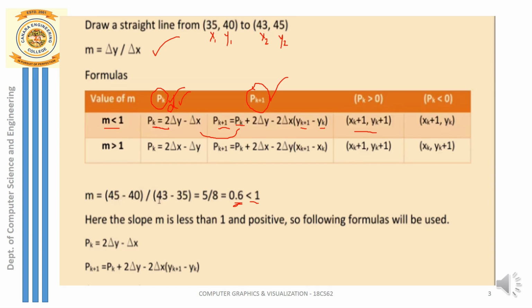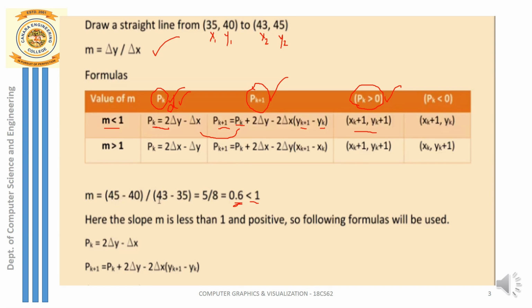Now, based on the decision parameter values that you have computed, you are ready to plot the x coordinate and y coordinate corresponding to the line segment. So what do you do? Check the decision parameter that you have calculated.